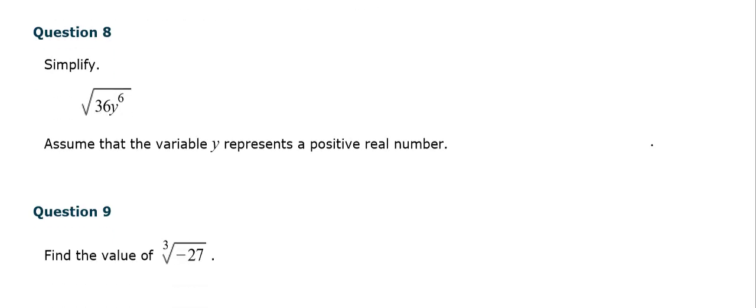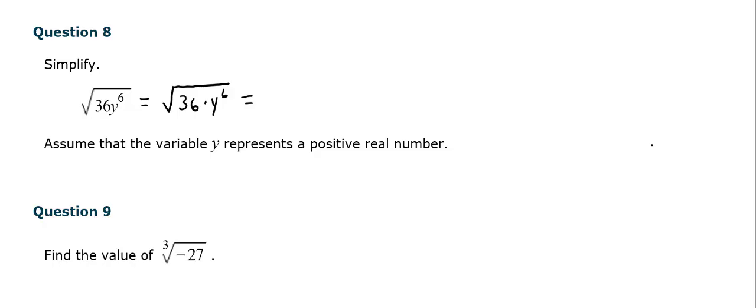The next example, simplify the square root of 36y to the 6th. So we know that 36 is a perfect square. So we're going to look at simplifying this as the square root of 36 times the square root of y to the 6th, because we're going to simplify each one individually.